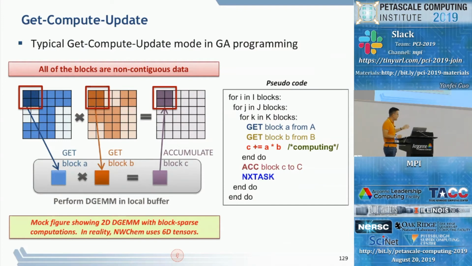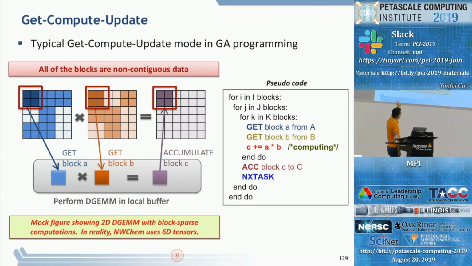Because these are large sparse matrices, it's very inefficient to just do the regular matrix optimization. So what it does is divide the matrix into blocks, and they only do calculations on the blocks that are non-zero.